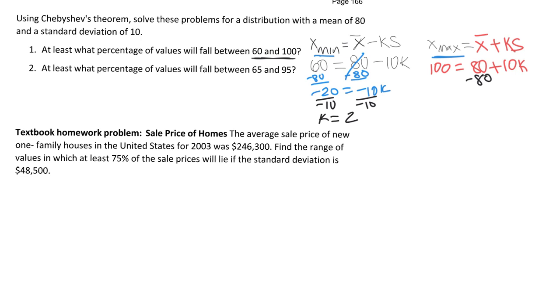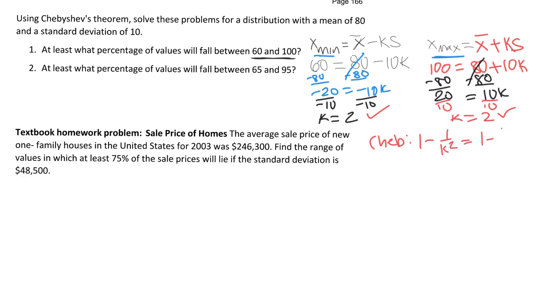I would subtract 80, and I would get 20 is equal to 10 times K. Divide both sides by 10, I end up with 2. Either way, I get K equals 2. But it is asking me for the percent of values. So once I have that, I'm going to use Chebyshev's formula, which is 1 minus 1 over K squared, which is 1 minus 1 over 2 squared.